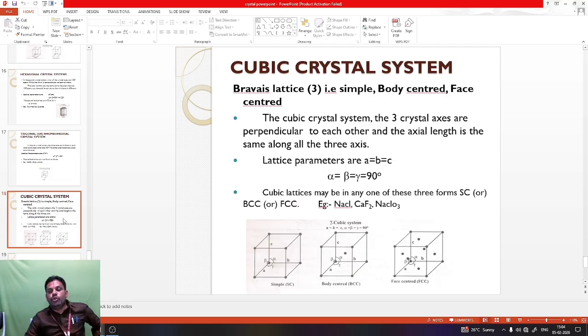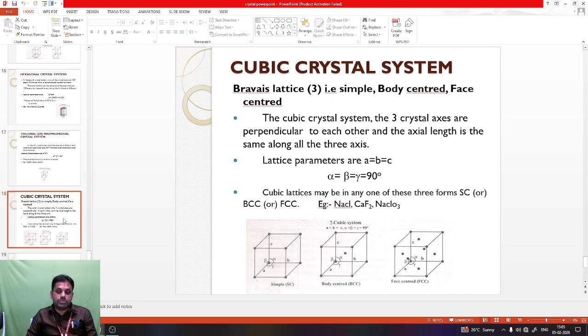Finally, the cubical crystal system. What about the cubical system? Cube means all sides are equal and they are also straight lined. So the angle between the two axes is 90 degrees. So alpha equals beta equals gamma equals 90 degrees. Then A equals B equals C. So these are the lattice parameter values.